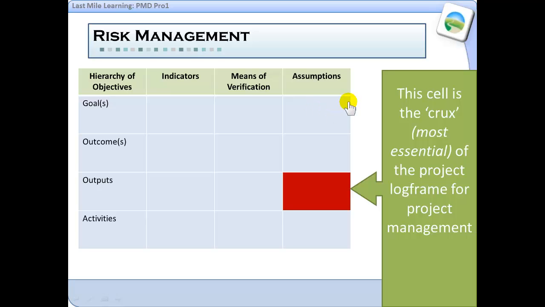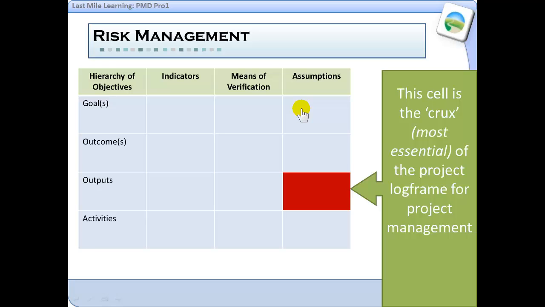And I wanted to show you that the assumptions, especially this cell, which is sometimes called the crux across the most essential of the project log frame, because assumptions are the positive statements that are necessary to complete the logic. But almost every assumption can be turned into a negative and becomes a risk that should be managed.